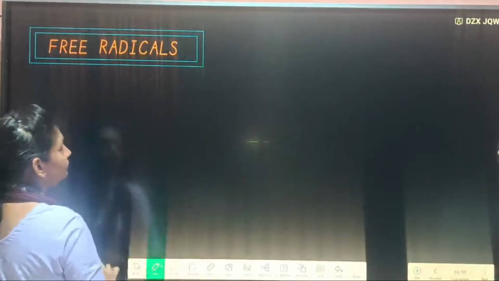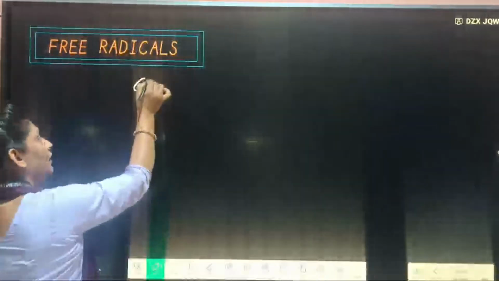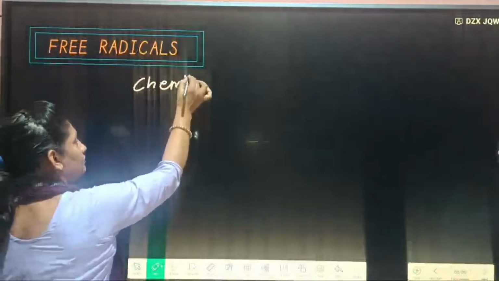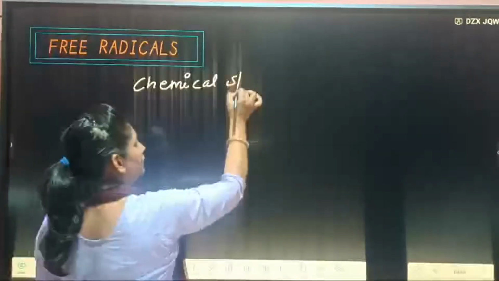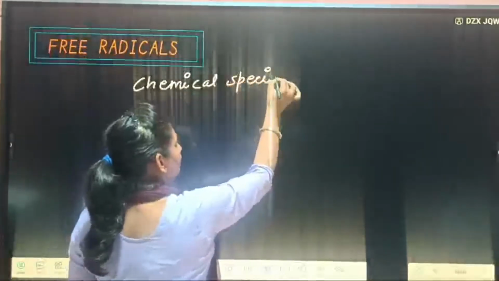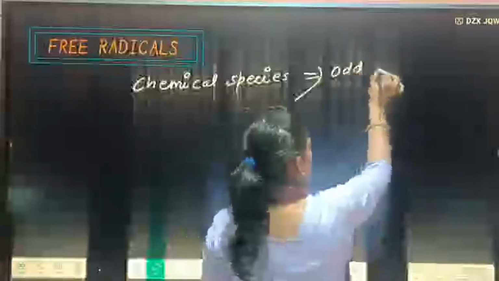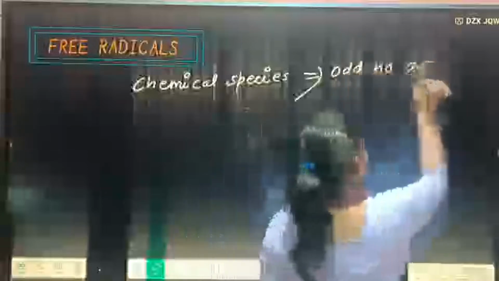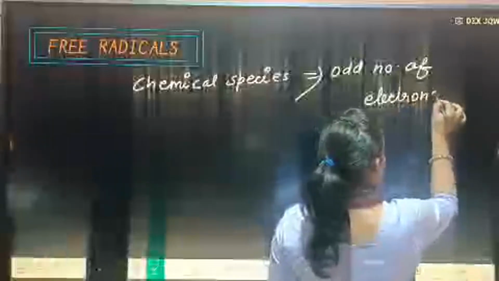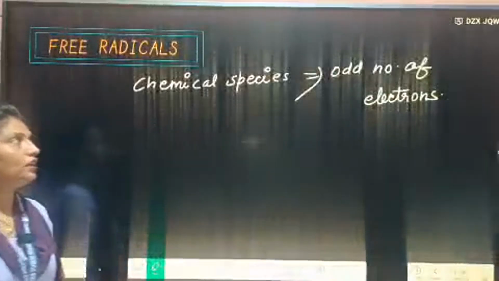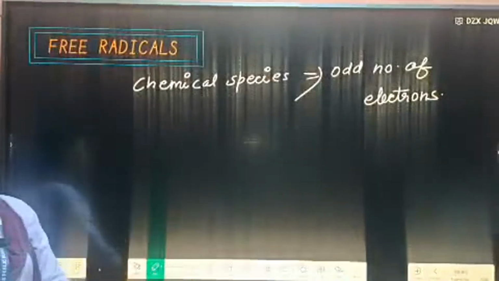If any chemical species has an odd number of electrons, then it is known as a free radical.